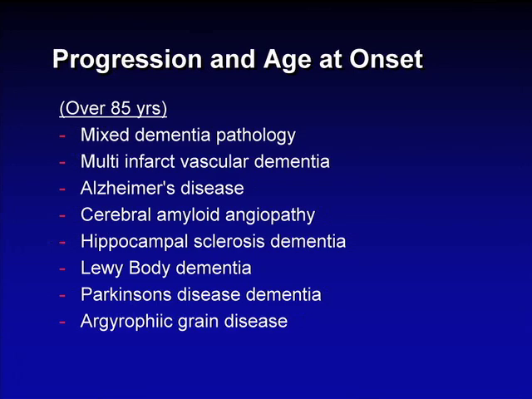You can also get things like cerebral amyloid angiopathy or hippocampal sclerosis dementia, Lewy body, and argyrophilic grain disease. All these things are possibilities in older patients. And as the aging population increases, these things become more important for the physician.